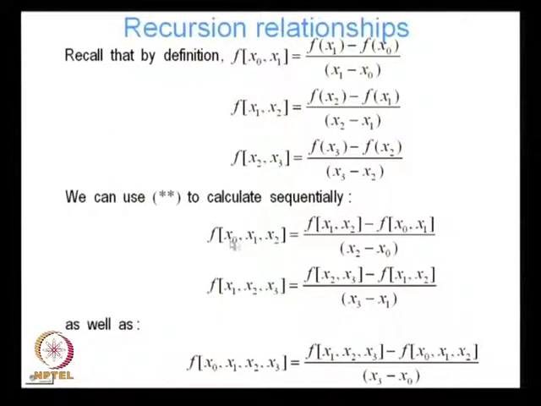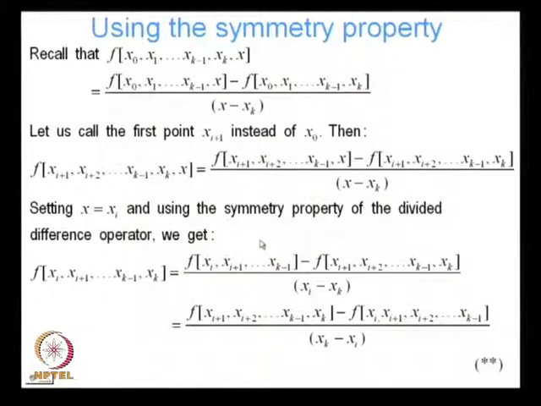Suppose I want to find out f of x0, x1, x2. Let me go back and take a look at my recursion formula. So how am I going to do that? I will have f of x0 up to x1, and x2, so that is k minus 1.